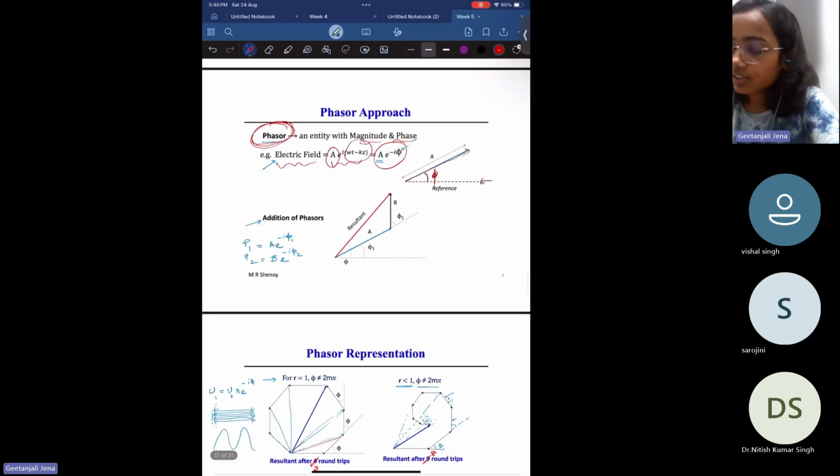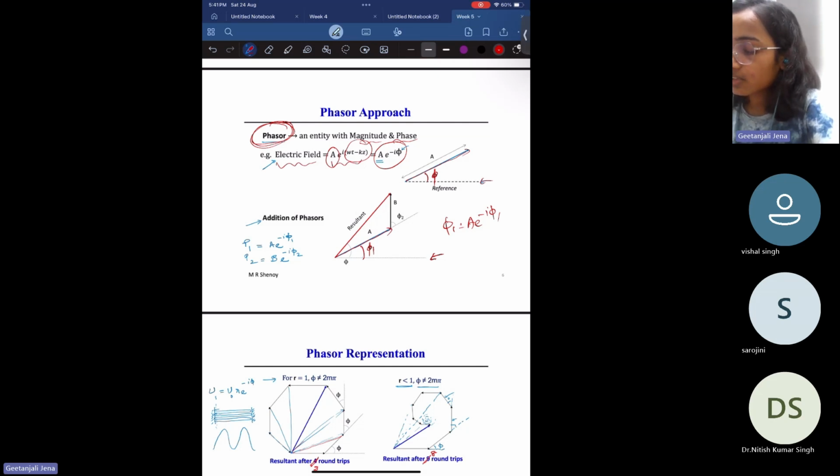Now, similar to vector addition, we can also follow a phasor addition. For phasor addition, what do you take? We take a reference line, which is phi equal to 0, and plot the first phasor. Let's say phasor 1 is A e to the power minus i phi 1. So this is the magnitude and this is the angle.